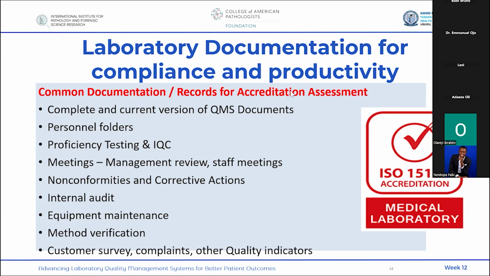Also, records of internal quality control, minutes of meeting, management review meetings, action points from those meetings, not just the narratives. What are the main meat from the meetings? What are the action points? And evidence that you are tracking the completion of each of the action points.